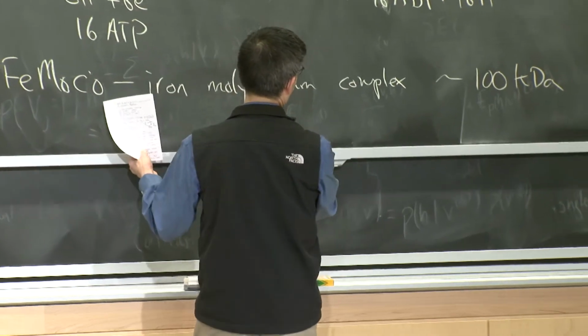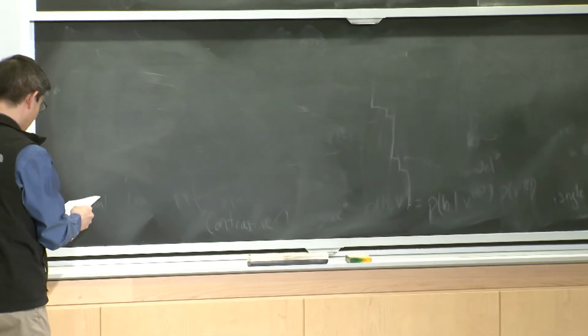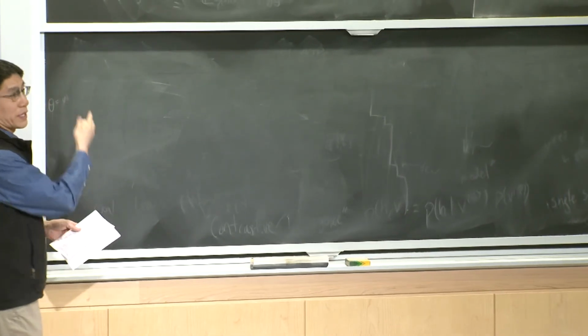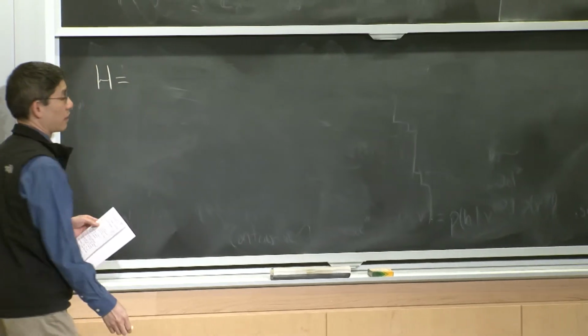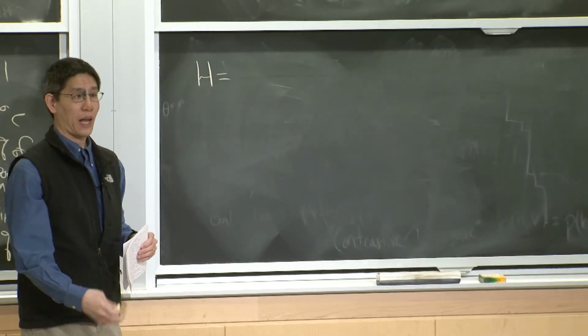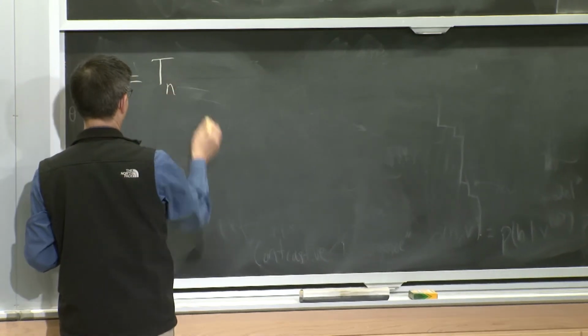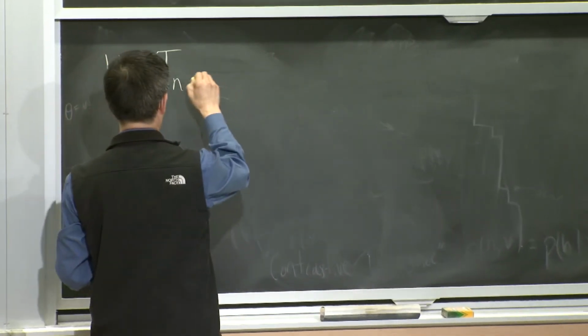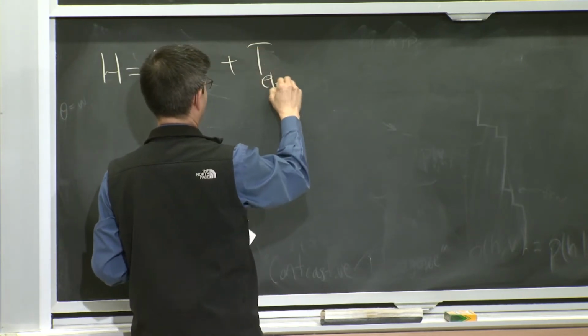So we, in principle, could do so. In fact, in principle, we can write down all we need in order to figure out what's happening in this, because the system is actually a very simple Hamiltonian in principle. There's the kinetic energy of the nucleons. There's a kinetic energy of the electrons.